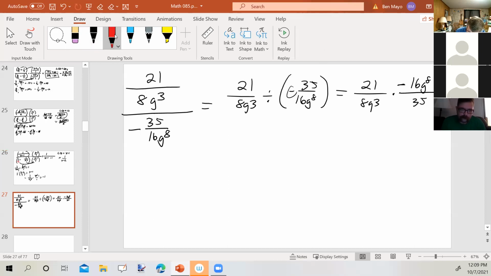I can say 7 goes in here 3 times, 7 goes in here 5 times. 8 goes in here negative 2 times, 8 goes in there 1 time. G to the 8th over G to the 3rd is G to the 5th. And I have what? Negative 6 G to the 5th over 5.